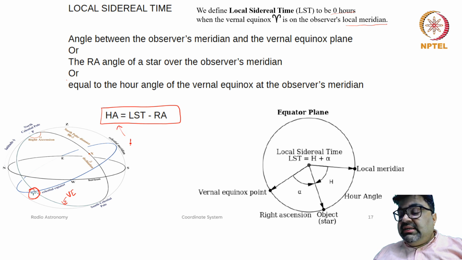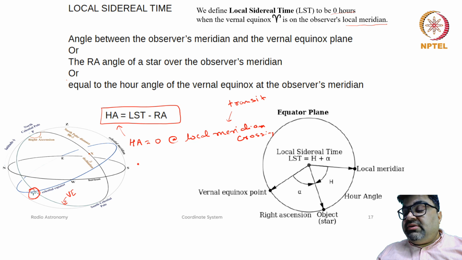The hour angle is 0 at local meridian crossing. This location is also very importantly called the transit. We will come to that.